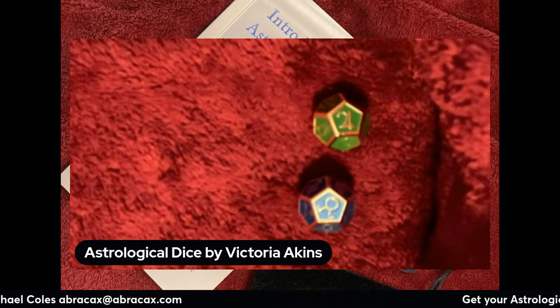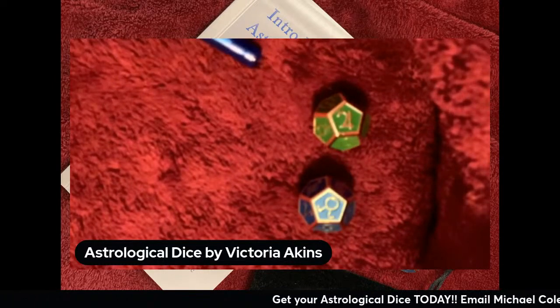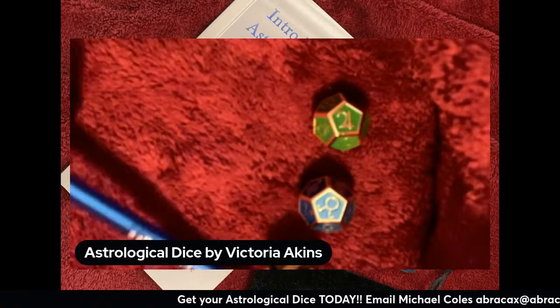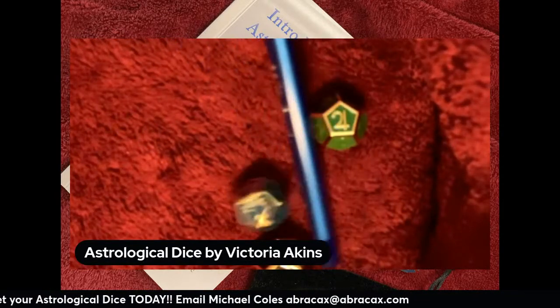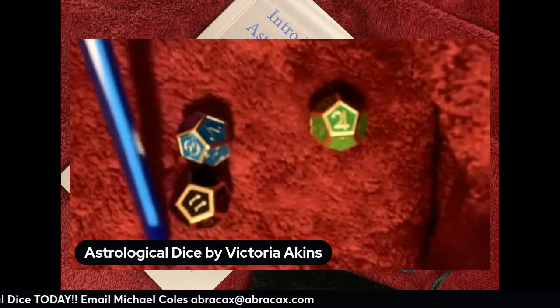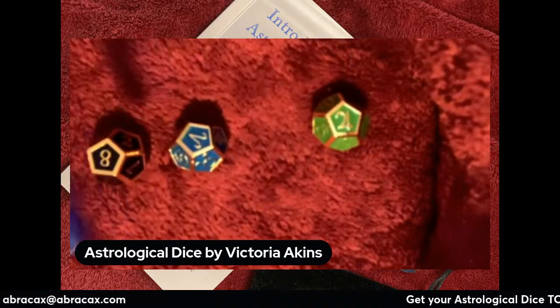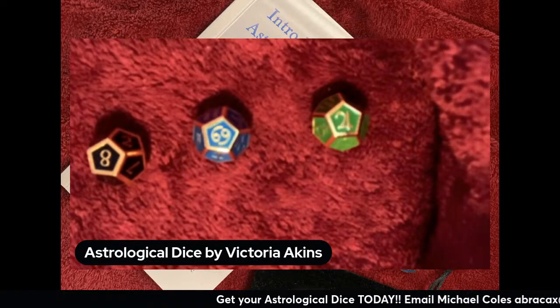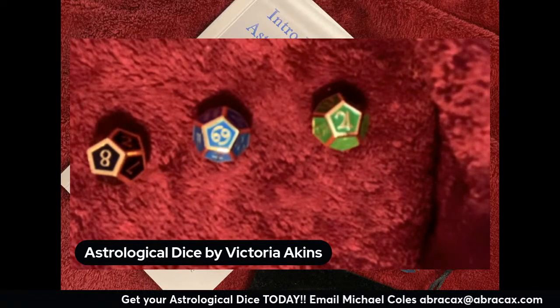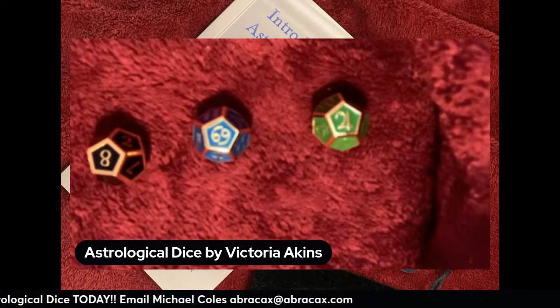So when you're doing your reading and answering your question, you're going to read the dice from green to blue to black. That's the order. Green to blue to black. All right. And we're going to do 3 of the Zodiac dice.